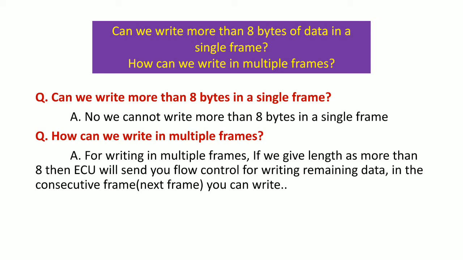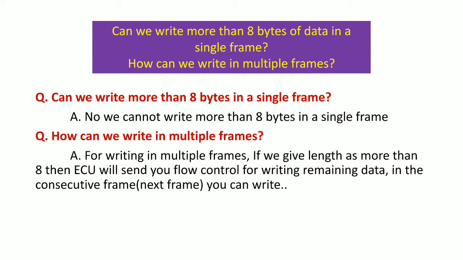In our tutorial I have given 70000, because it is an awkward value, so we can easily understand this is a flow control. You can give 2000, 4000 or FFFF, any value from 00 to FF. Once the ECU gives the flow control, then you can write the consecutive frame.